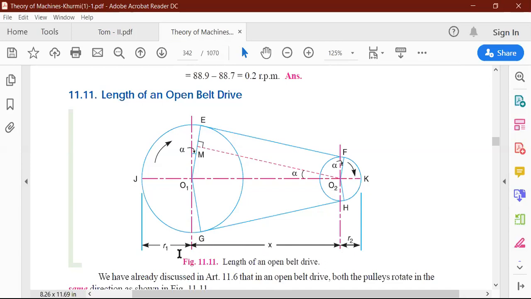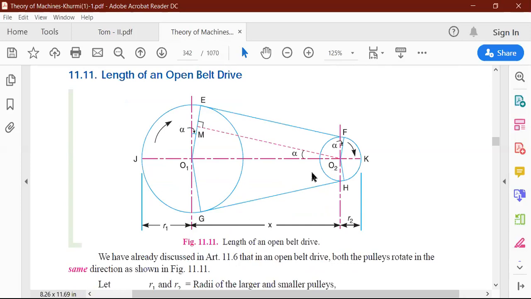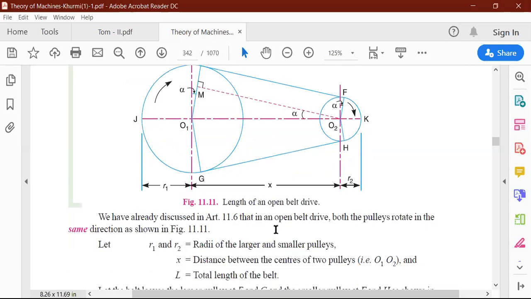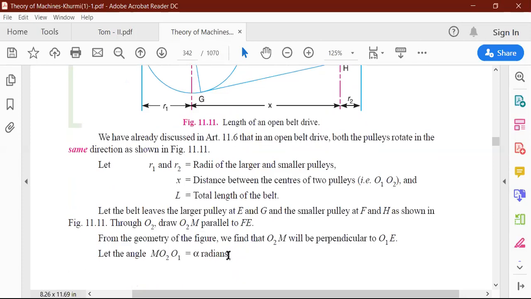In this case d1 is the diameter of the larger pulley, d2 is the diameter of the smaller pulley, or you can say driver pulley or driven pulley, and x is the center to center distance between these two points. Once you understand what r1, r2 and x are, you can simply understand this formula. So this is the derivation.